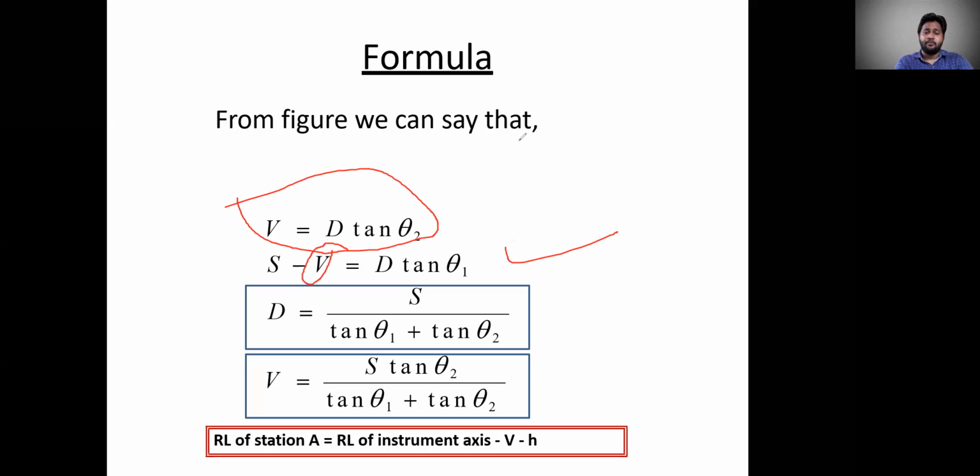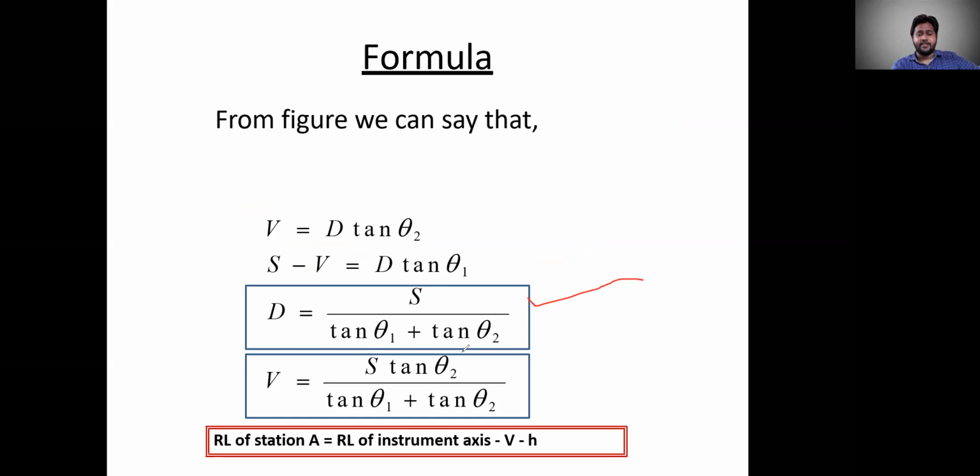Substituting, S minus d tan theta 2 equal to d tan theta 1. So if you substitute this, therefore capital D equal to S by tan theta 1 plus tan theta 2. This we are getting as capital D.